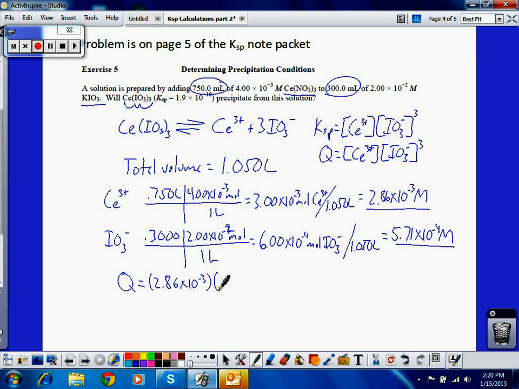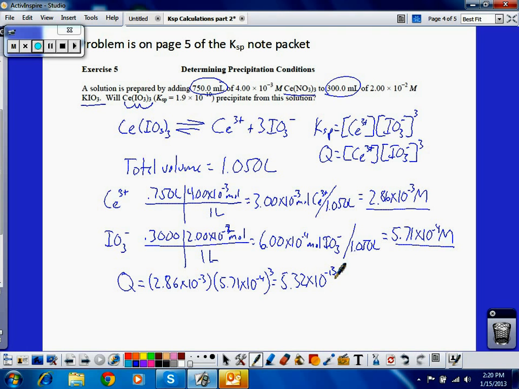There is my cerium. There is my iodate. And that is equal to 5.32 times 10 to the negative 13th.